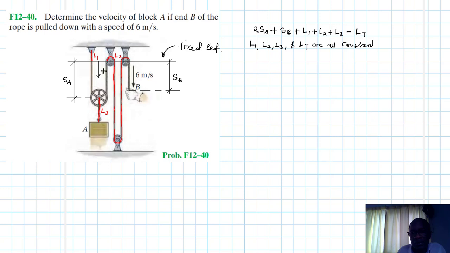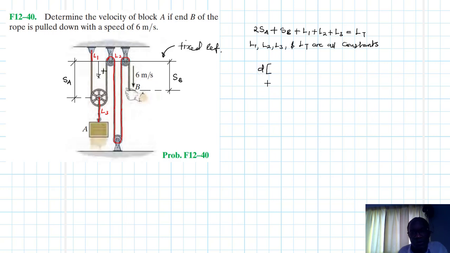Once we've done that, we can now take the time derivative of these displacements to get the velocity. The other values are constant, so they'll just give us a 0 when we take the time derivative.